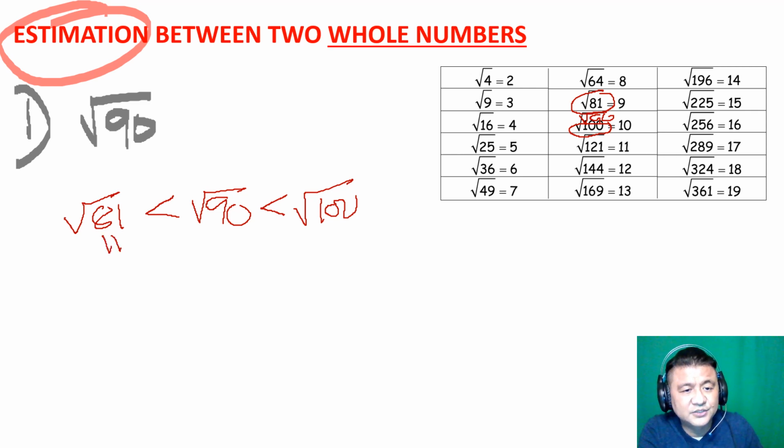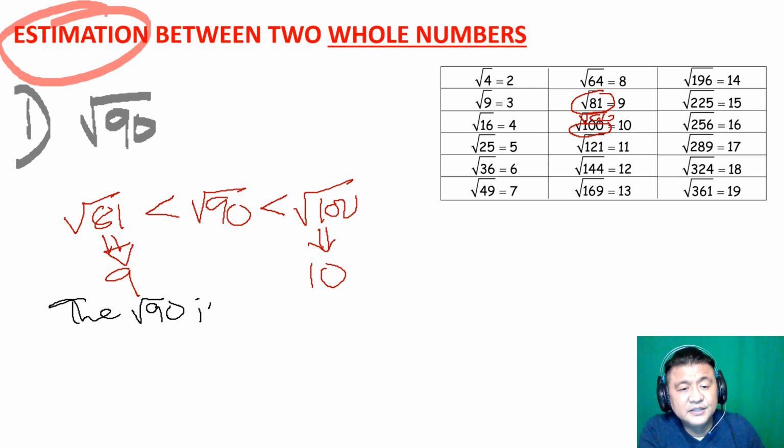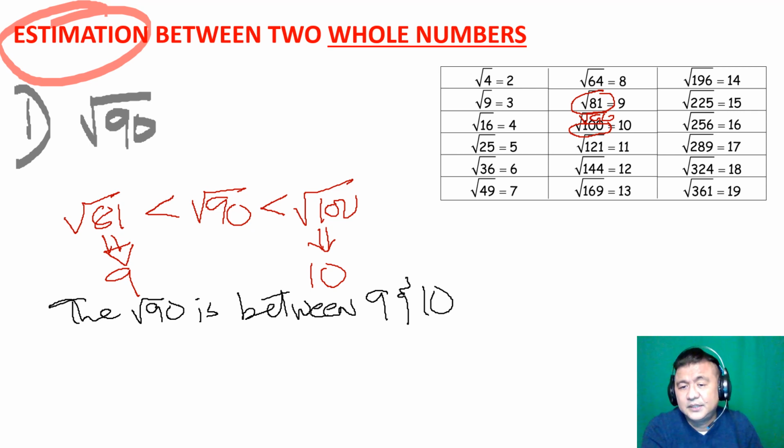But we know the answer here is 9, and the answer here is 10. So guess what, guys? You can already say that the square root of 90 is between 9 and 10. That's it. That's a good estimate.